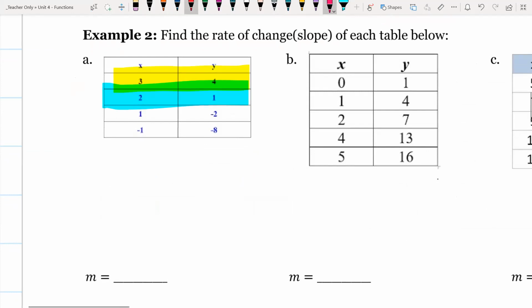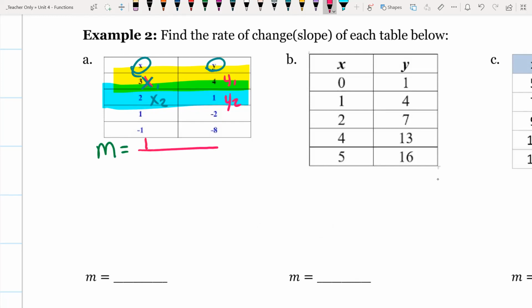So our formula is y1, x1, y2, x2, right? And we know that because this says x and this says y. So now we put it in the formula.